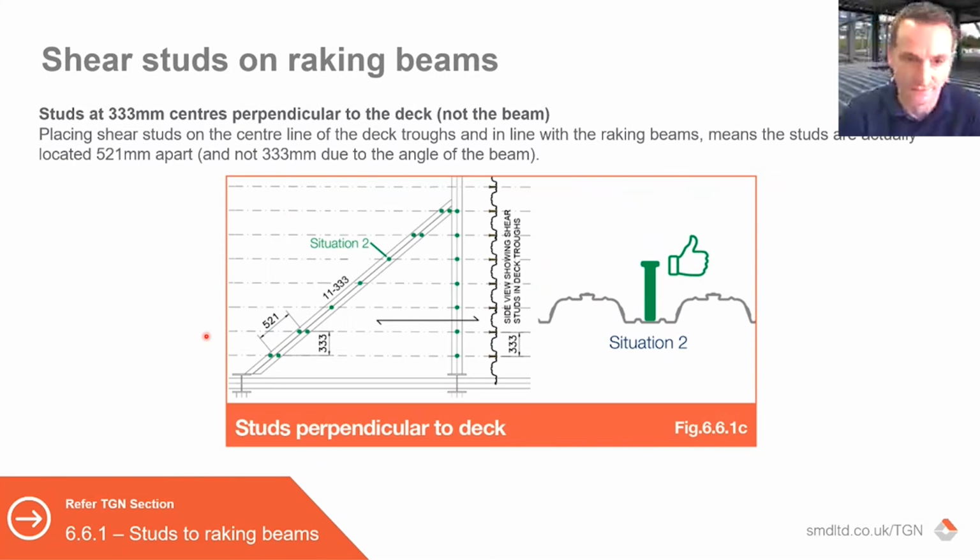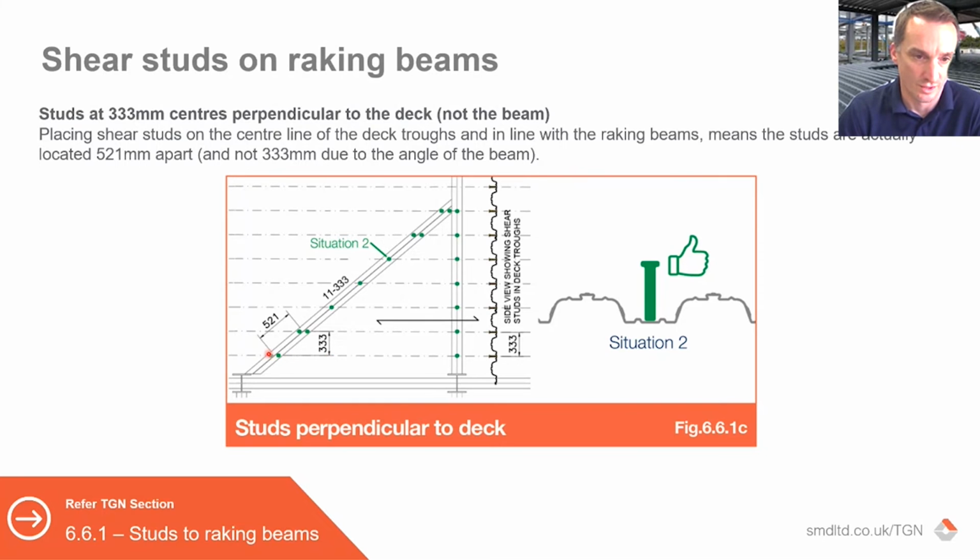What can be done, in this particular scenario with the angle of beam we have here, is studs at 521, because that's the way the ribs fall when the deck is not running at 90 degrees to the beam for this given angle. So it's important to realise that if we design a beam with 333 centre studs and the deck is running at not 90 degrees, the studs may not be possible to put in at 333.